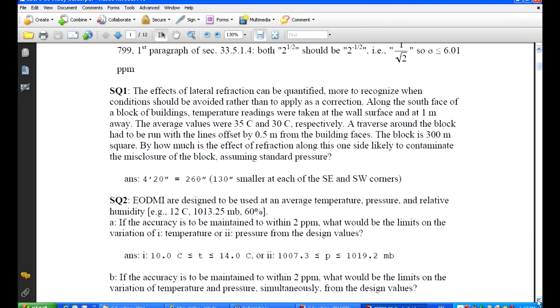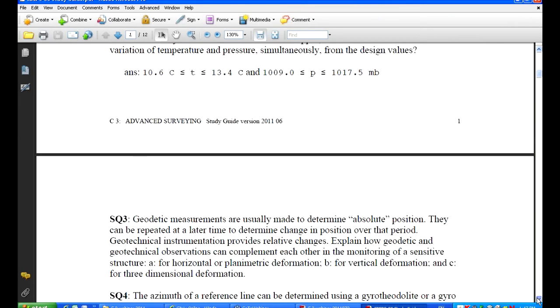Okay. There were forum questions on several other study guide questions, so maybe I'll go to those and then come back to the other study guide questions if there's still time. So as I recall, there was question 1, which we've just discussed, and also study guide question 12. So SQ12.